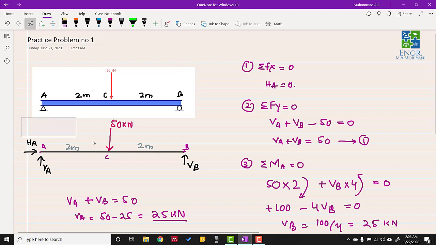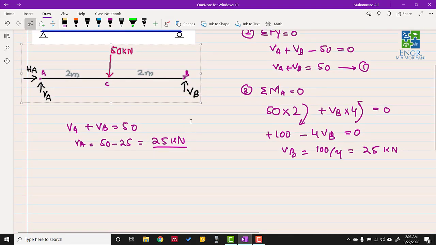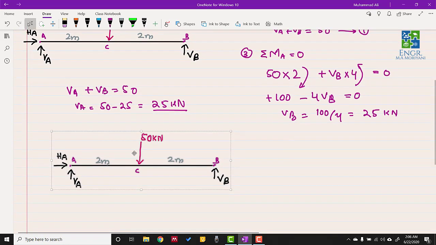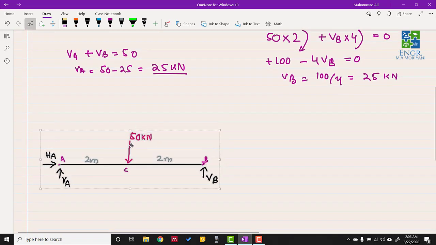Okay, so now once we know the reaction forces, we will be able to find the shear force and bending moment diagram for this whole beam. In order to find the shear force and bending moment diagram, what we essentially have to do is find the discontinuities in this whole beam. Or in other words, we have to find the sudden changes which occur in this particular beam.